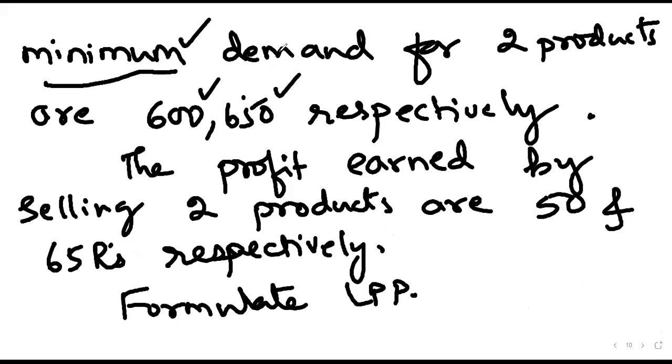Let us consider these two products are two mobile handsets, possibly Oppo and Vivo. So the minimum demand in the market for Oppo is 600 units, minimum, it may be more than that also, and for Vivo it is 650.